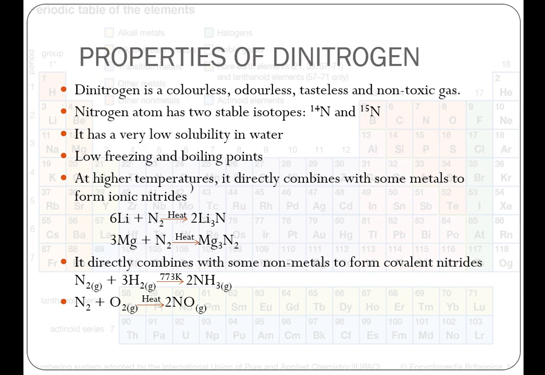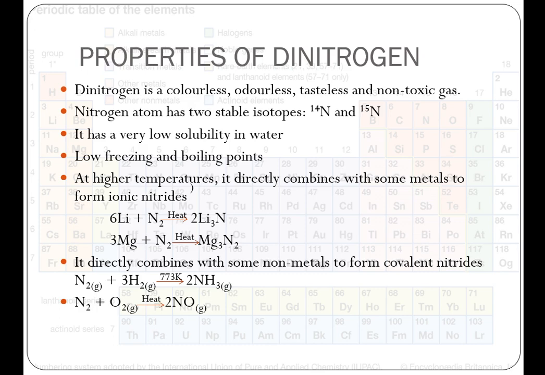At higher temperature, it directly combines with some metals to form nitrides which are ionic in nature. For example, it combines with lithium to form lithium nitride. With magnesium, it forms magnesium nitride. It also combines with some non-metals to form covalent nitrides.